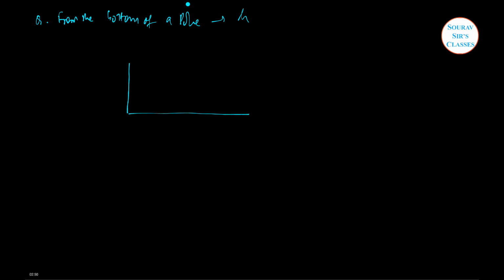The second thing is the angle of elevation of the top of a tower is alpha. It's like this. So this is our tower. The pole subtends an angle beta at the top of the tower. This one. So find the height of the tower. That's it.